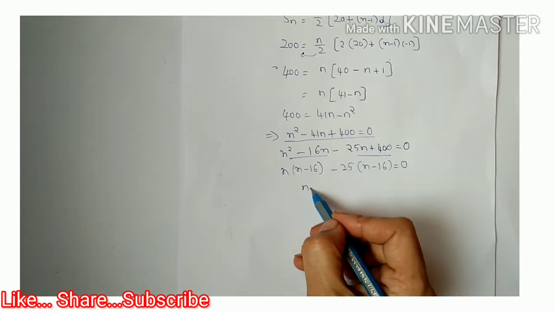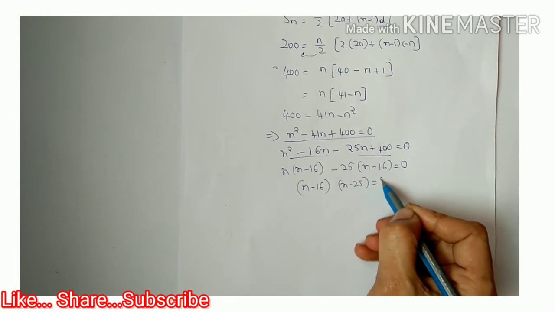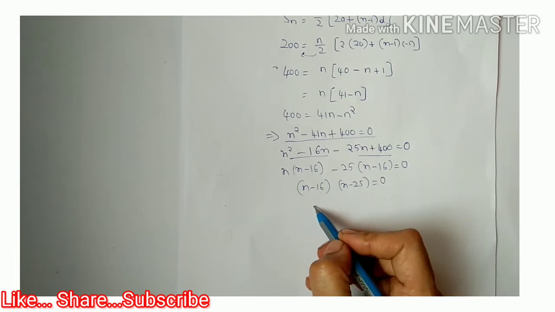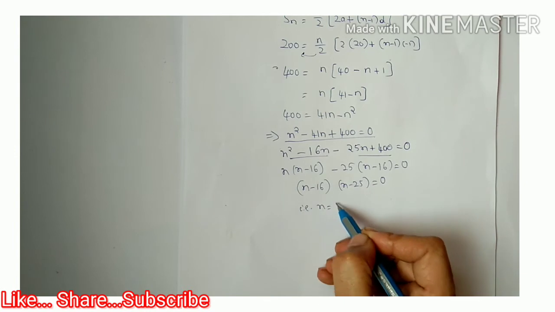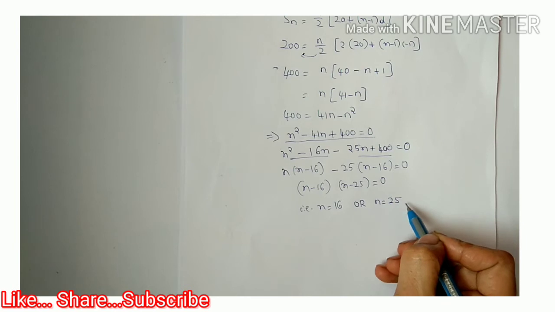The two factors are n minus 16 or n minus 25 is equal to 0. That is, n is equal to 16 or n is equal to 25.